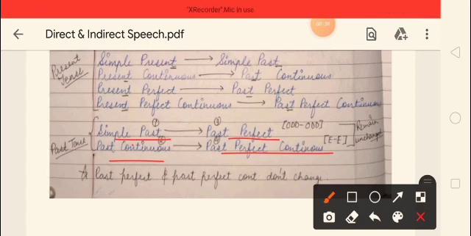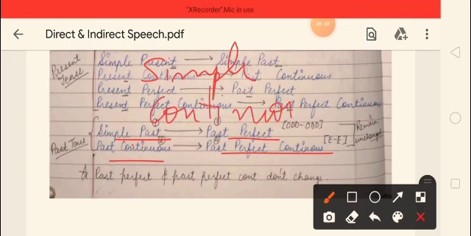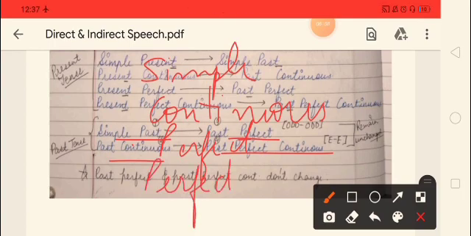Now, there is a simple trick to remember this thing. You know that at the first place it comes simple, then continuous, then perfect, then perfect continuous.